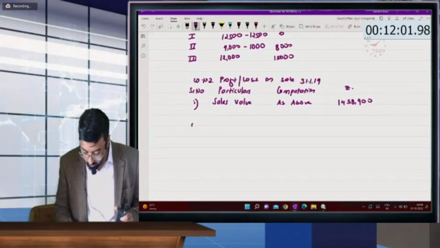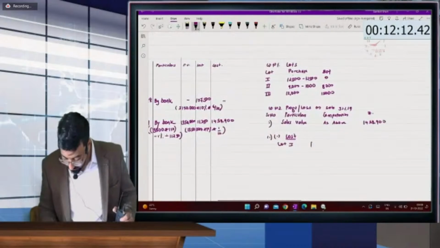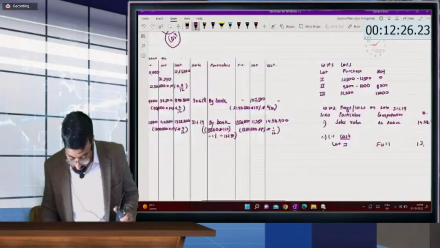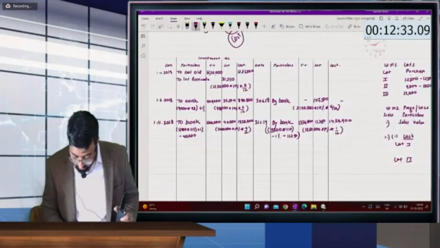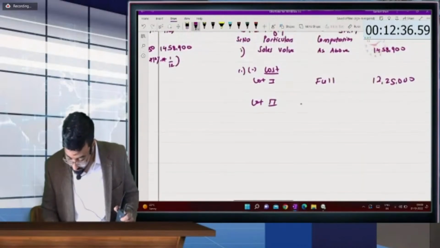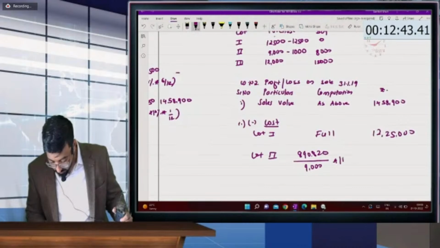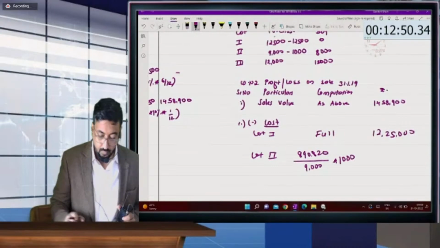Now Roman 2, less cost. Lot 1 is 12,25,000, and lot 1 is fully gone. Lot 2 is 890,820 for 9,000, so for 1,000 it is 98,980.